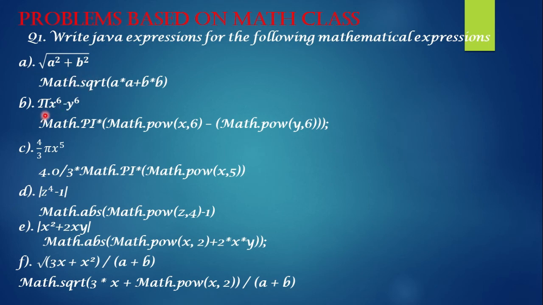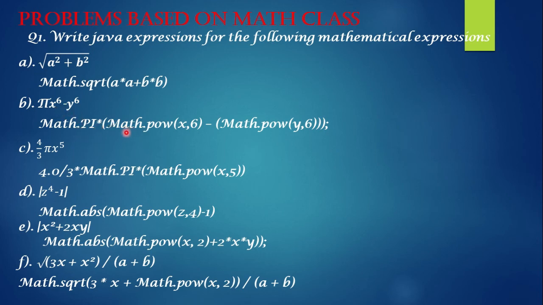Next, pi x raised to the power 6 minus y raised to the power 6. Then Math.PI. This is the way to get the value of pi. You know the value of pi is a constant, that is 3.14. In order to get that in Java, you need to use Math.PI. Pi is capital, remember, into.